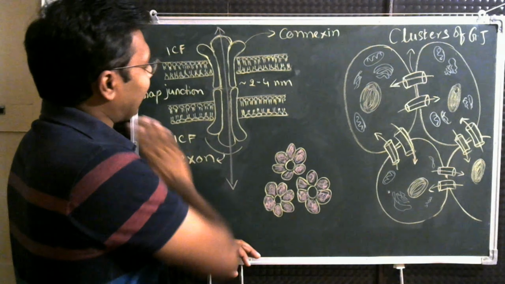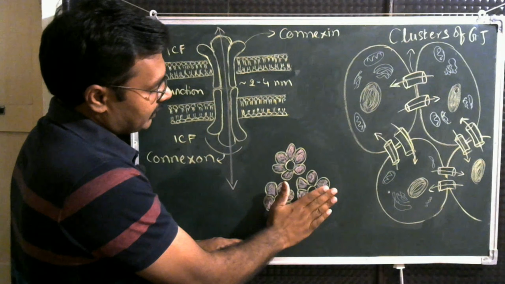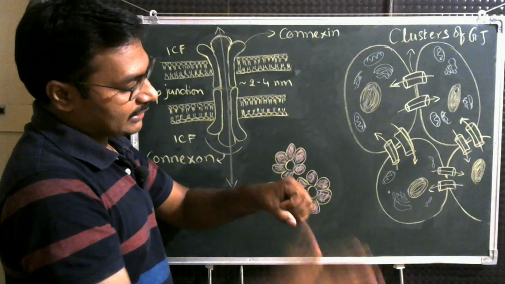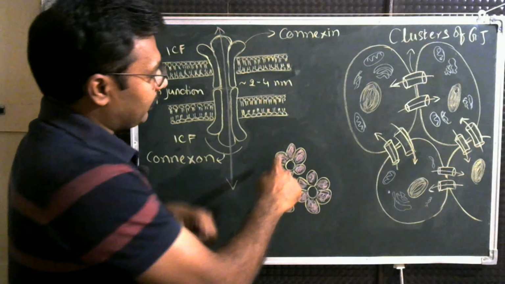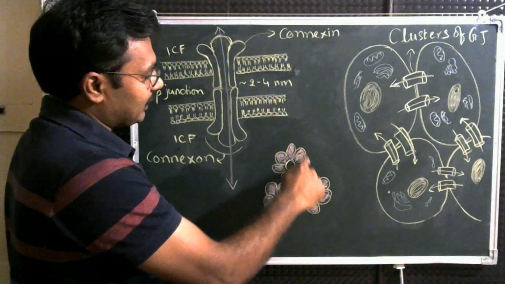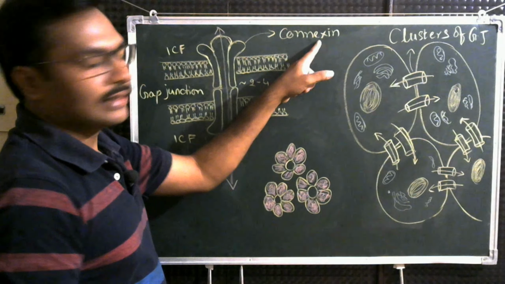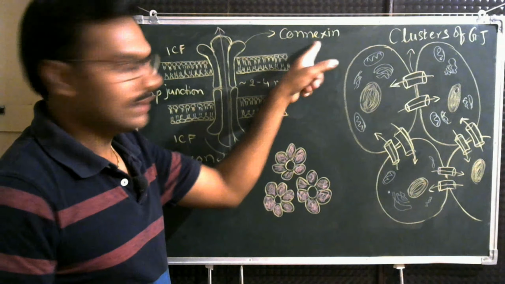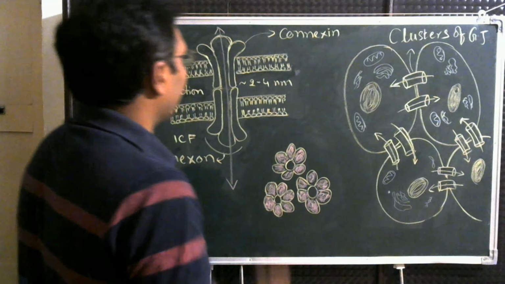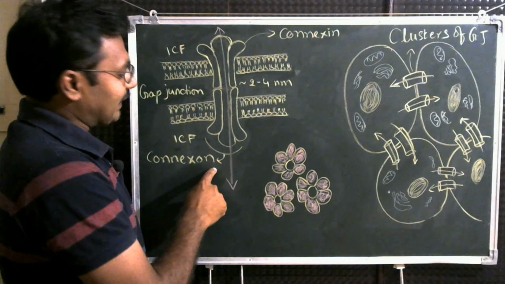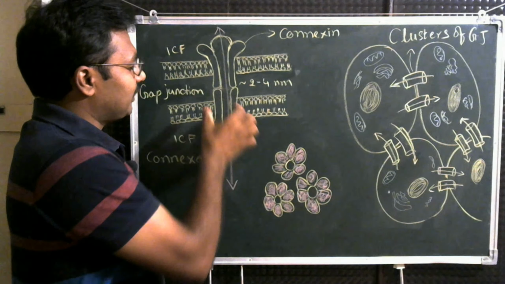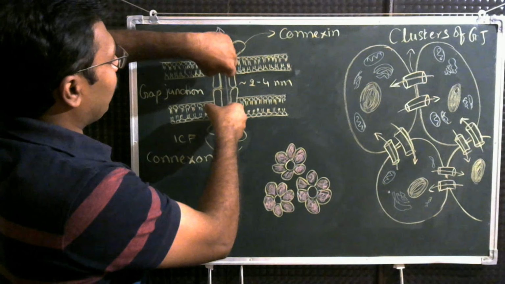So this is an axial section, this is the transverse section. We could see hexagonal six subunits of connexins united together and forming one channel. One unit of the channel of one cell is known as a connexon. So here this is one connexon, this is one connexon.